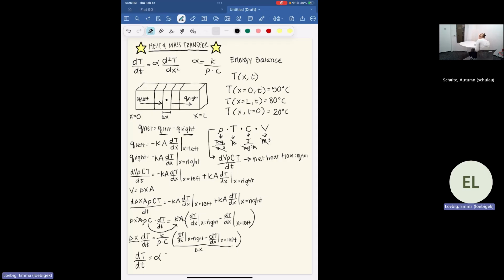That comes out to be the second derivative of temperature with respect to position. And look at that. That is our heat diffusion equation.